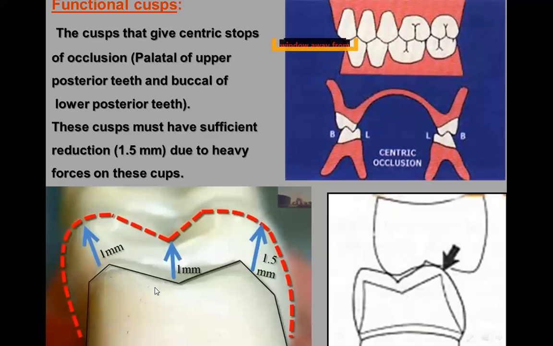Look in the picture: 1 millimeter, you can prepare the non-functional cusp. But when you go to the functional cusp, you must remove 1.5 millimeters to make it stronger because of the heavy forces of the centric occlusion of the opposite teeth. So functional cusps are the cusps which will meet each other during the centric occlusion, and we must prepare them in the proper thickness.